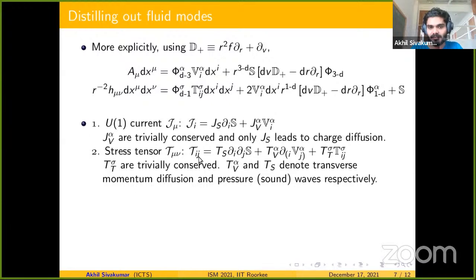Similarly, for the stress tensor, you can decompose the stress in the SO_{d-2} fashion, and then the tensor part here is trivially conserved and doesn't lead to any non-trivial or long-distance dynamics. It's a short-distance mode, and the T_V and T_S denote transverse momentum diffusion and pressure waves respectively.